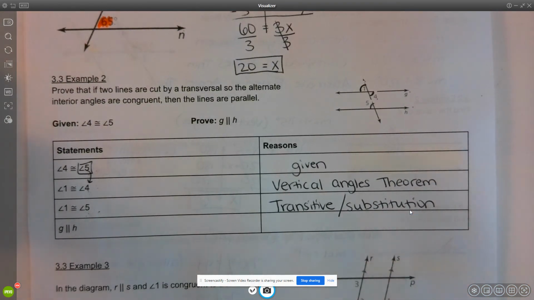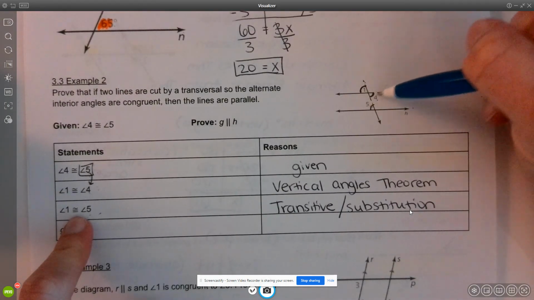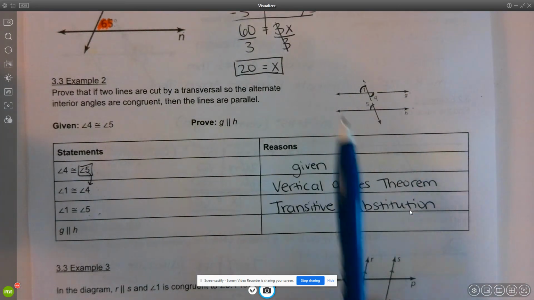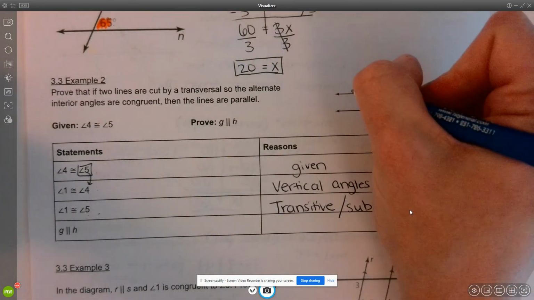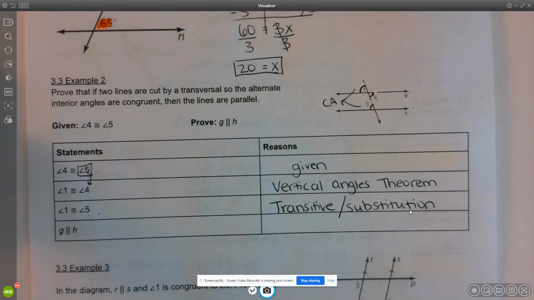And so now, looking at angle 1 and angle 5, we know they are congruent. So we're asking ourselves, do these form a special angle pair? And angle 1 and angle 5, they are corresponding angles. They're in matching spots.